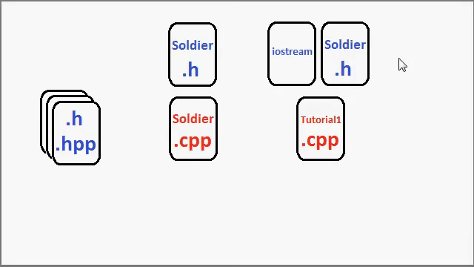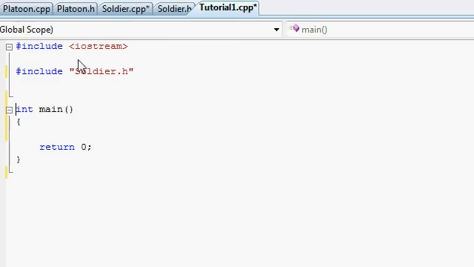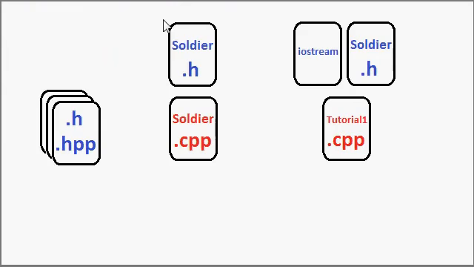What this means is, for example, in the source file of tutorial1.cpp, we included iostream, like you see right over here, so that we can print stuff out to the screen using standard cout. What if we would want the soldier class in its definition, of course, to be printing stuff out to the screen as well, to make use of standard cout to print things out?